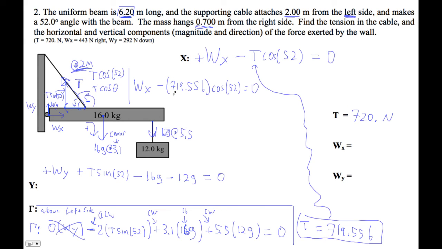I'm just going to take that number and first store, and then I'm going to go times cos 52, and I get 443. Now the fact that it's positive means that it's in the direction that we assumed it was, right? We put a plus in front of there because we thought it was to the right. And the number we got is a positive number, of course, right? So we know that it's to the right, 443 newtons to the right.